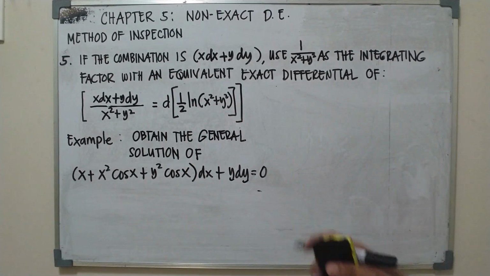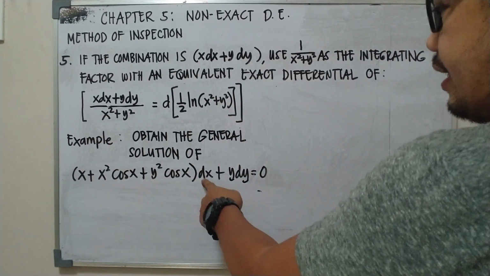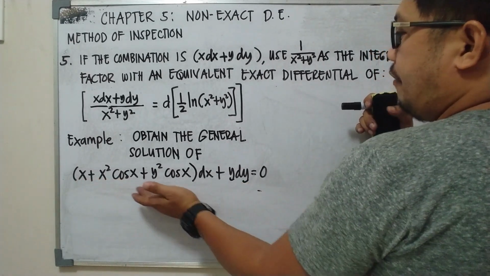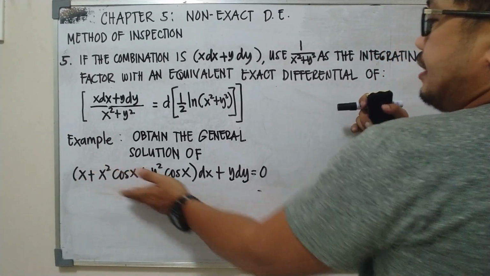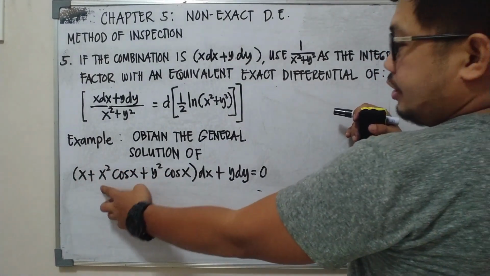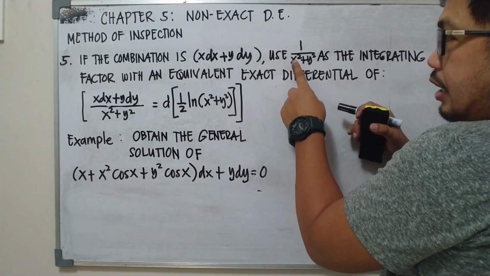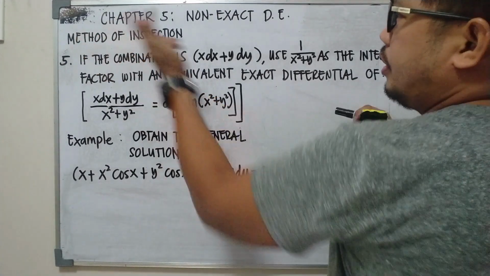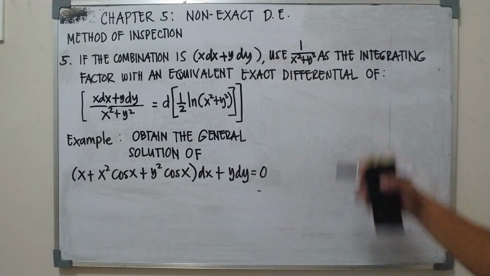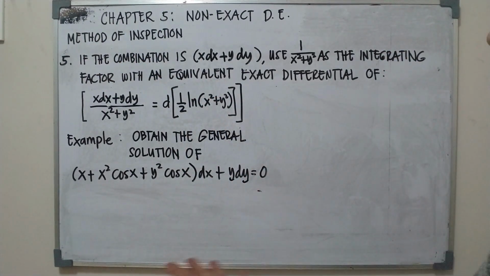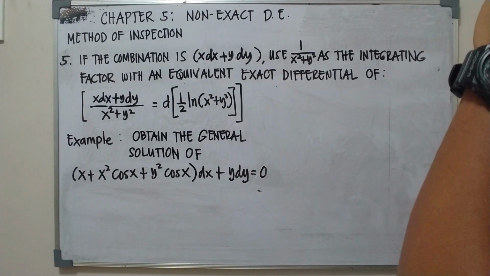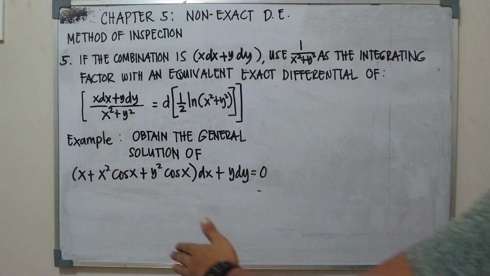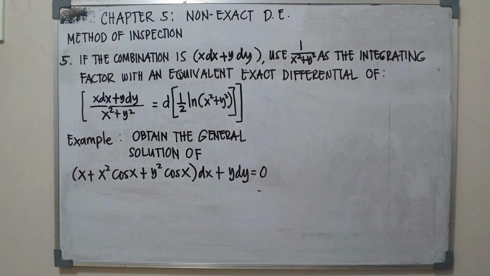Before you multiply dx, if there is something you can simplify inside the parentheses, simplify first. Check if something matches the combination you will use. That's why we call this the method of inspection. You will be the one to decide which combination is easier to adapt to the given non-exact differential equation.